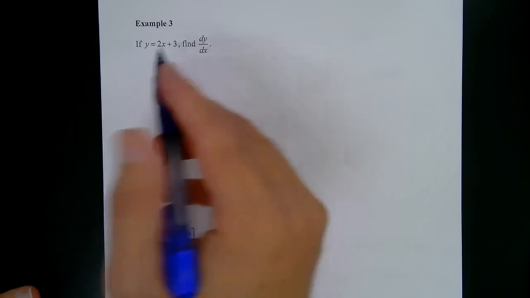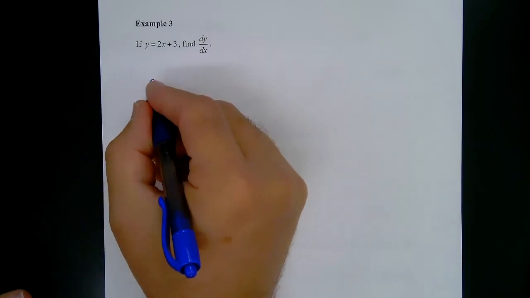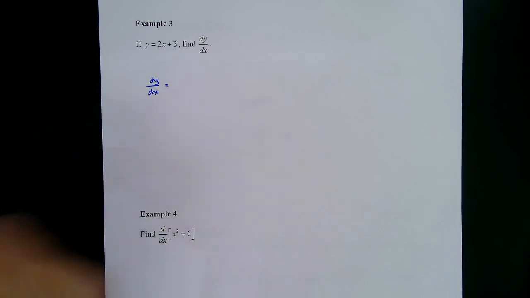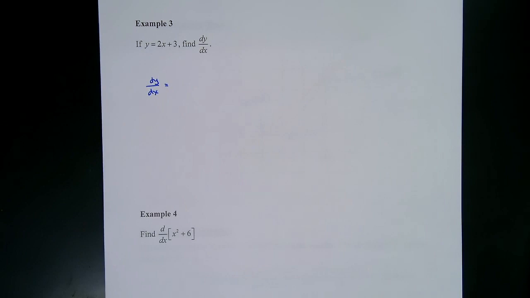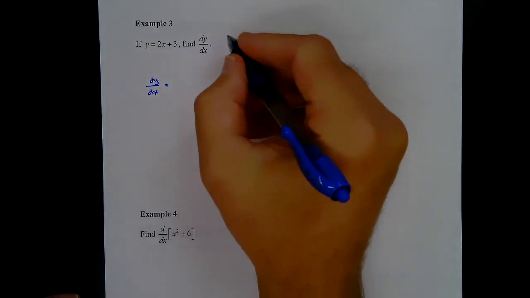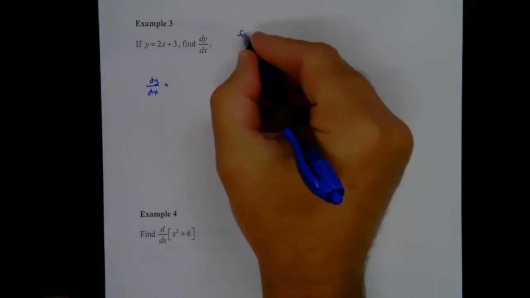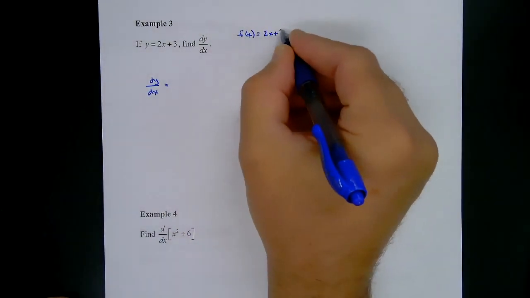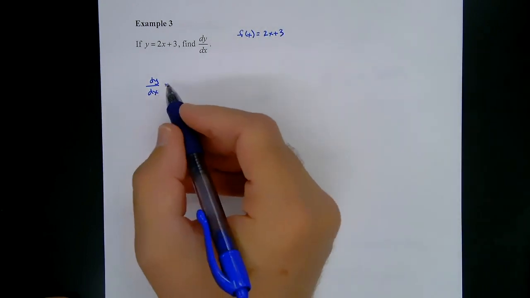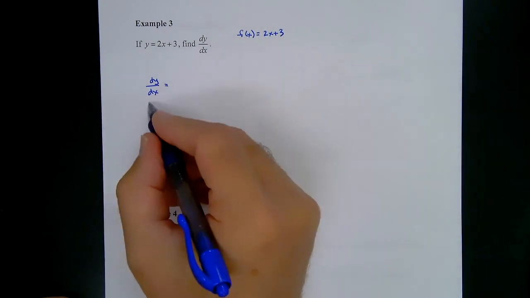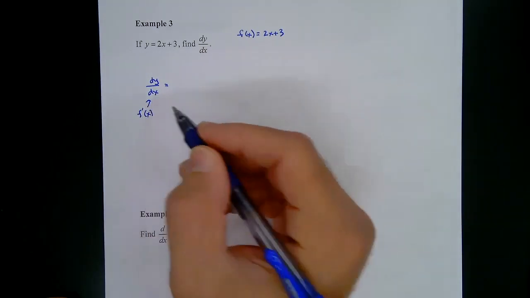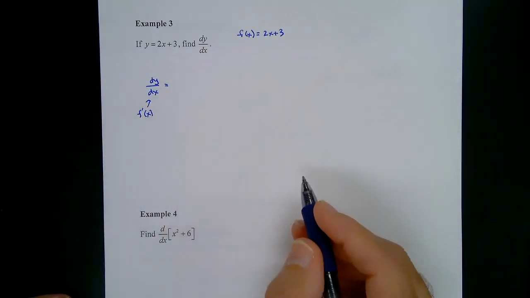Well, we can do dy over dx. So dy over dx is equal to, and I'm going to use function notation just to help us out. I'm going to call this y f of x. So f of x is equal to 2x plus 3. So dy over dx is the same as saying f prime of x. I just wanted to get this notation in so you start to see it and use it.